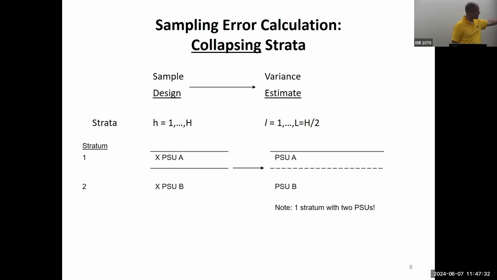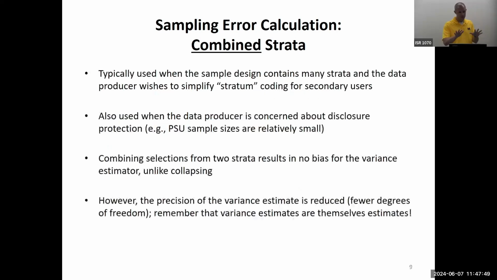You're now forming a new stratum that you might call 994. You mask it, right? But it's the collapsing of the boundary between these two to form one larger pseudostratum. That's what would get released, not the original strata. And again, this is not something you do as an analyst. This is how the data producer is preparing the data set for you to work with. That's the key point.